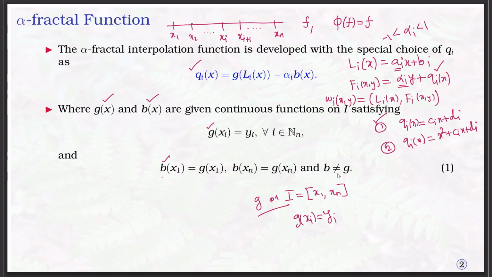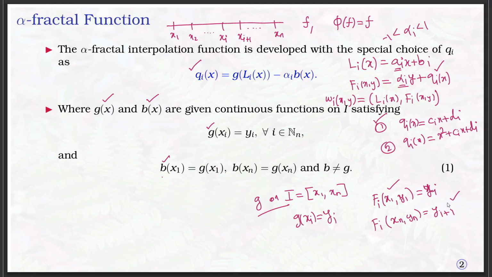Now, if we take Qi in this form, we need to verify whether it satisfies the endpoint conditions: Fi of x1 comma y1 equal to y i, and Fi of xn comma yn equal to y i plus 1. We need to verify whether Qi satisfies these two endpoint conditions.